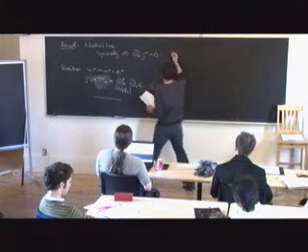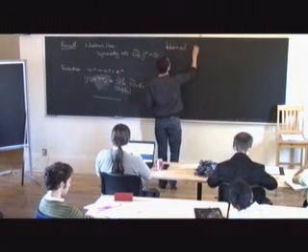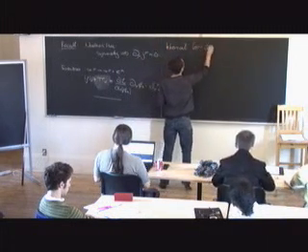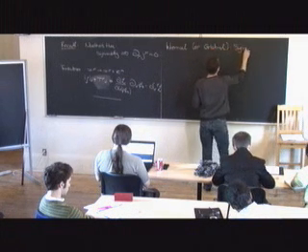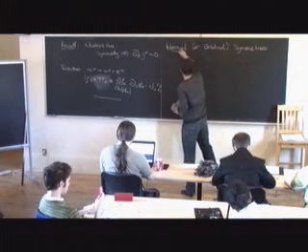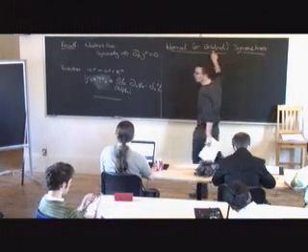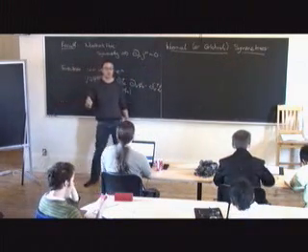Okay, let me give some more examples. And the examples I'm going to talk about now are called internal symmetries. Or they're sometimes called global symmetries. The word global here is to distinguish them from gauge symmetries, which we'll come across later in the course.